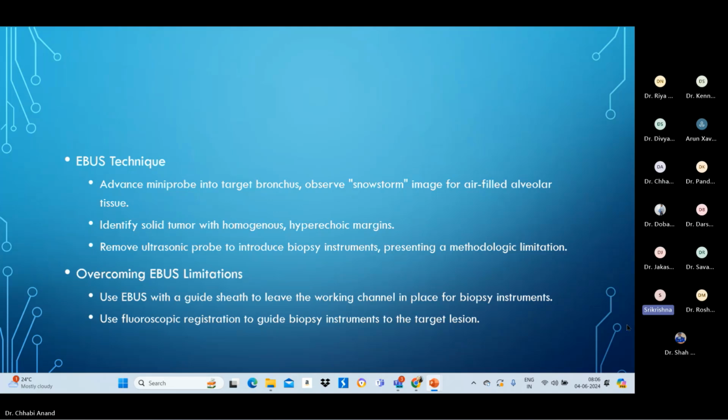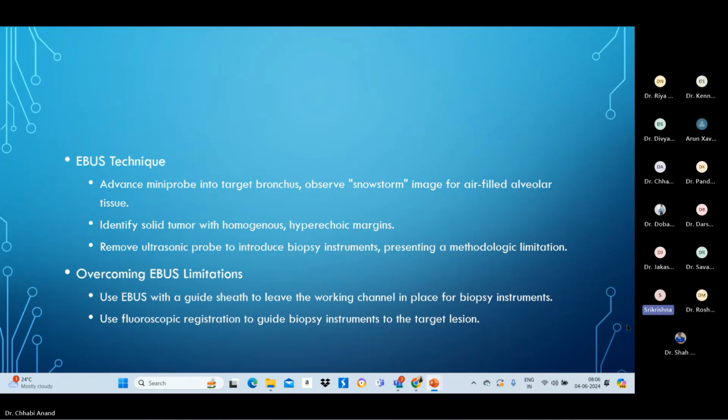How will air fill a lymph node? You're talking about two different things. Obviously, you don't have a clue. And what is this?